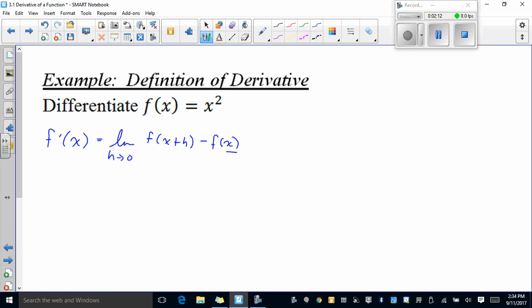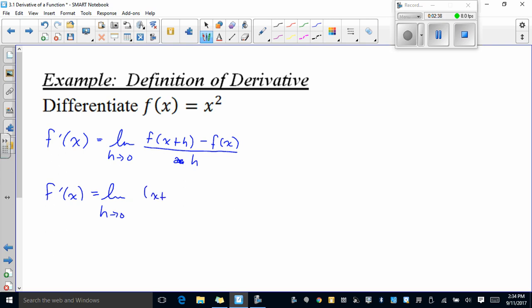That just means every time we see an x, we're going to put an x plus h, and then minus this value. So f prime of x is equal to the limit as h approaches 0 of x plus h squared minus x squared, all over h.